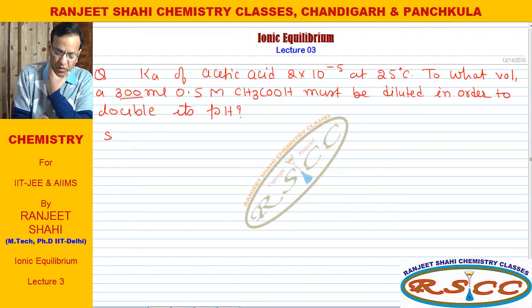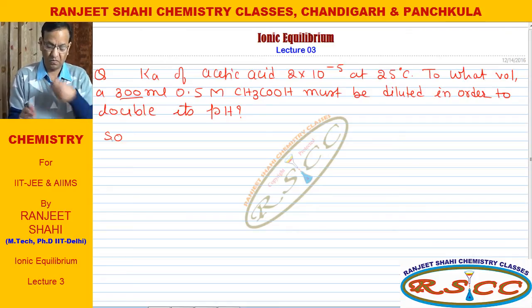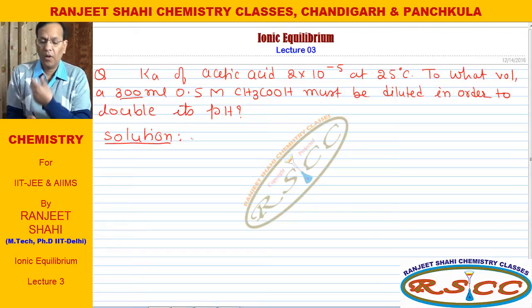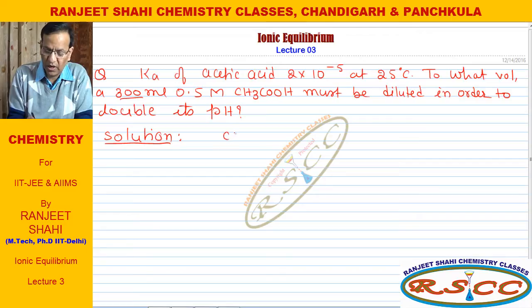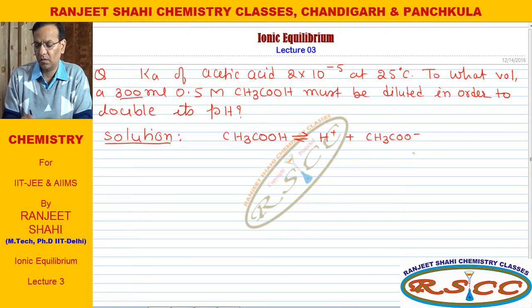We have been given 0.5 molar acetic acid solution. Acetic acid, being a weak acid, will ionize to give H plus and acetate ion.